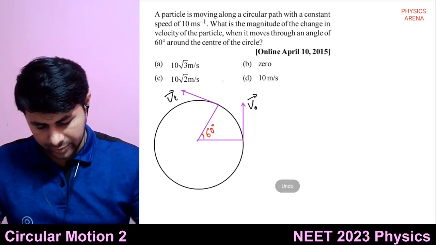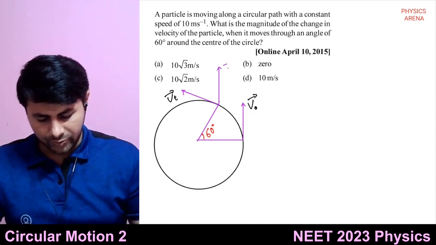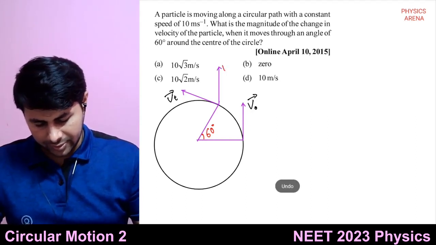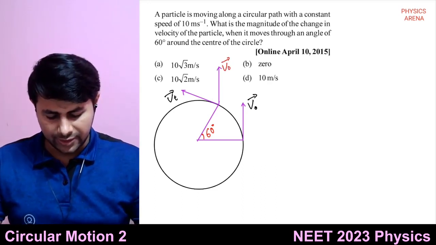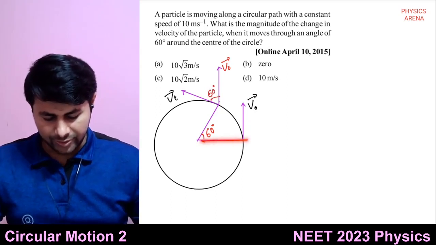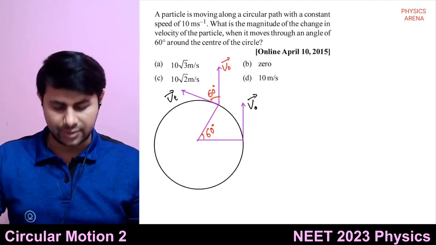This is V0 bar and you want to subtract it. So how much is this angle? This is 60 degrees, because the angle between the radii is 60, it moves through 60 degrees.